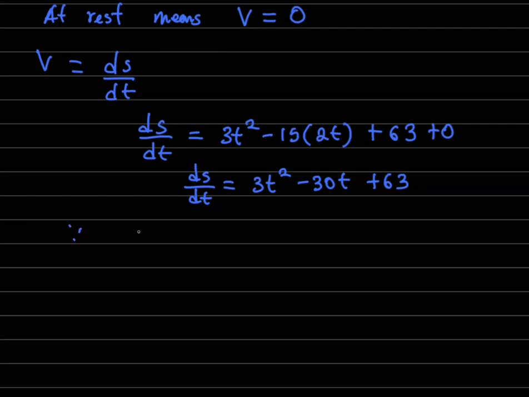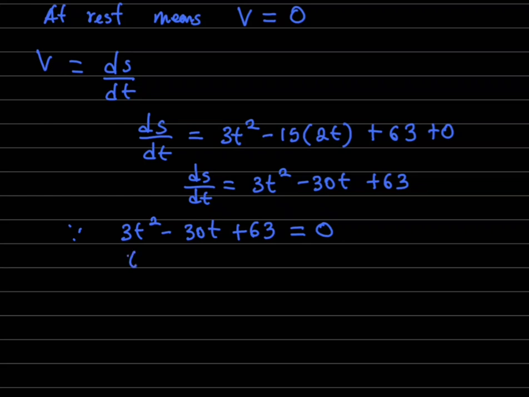Hence, we are going to have 3t squared minus 30t plus 63 is equal to 0 because it's momentarily at rest. Now we can see we have a quadratic equation here, but we can actually simplify by dividing through by 3.